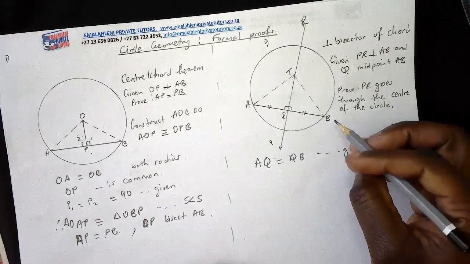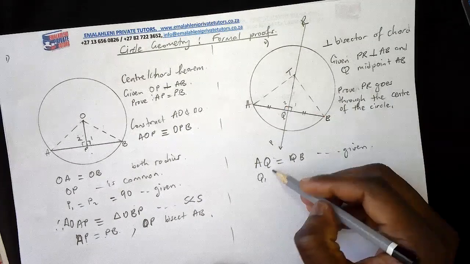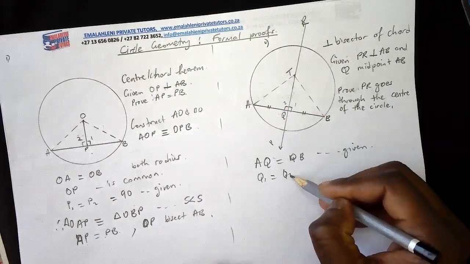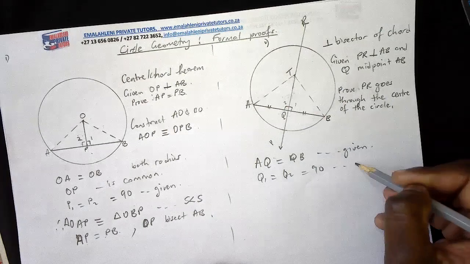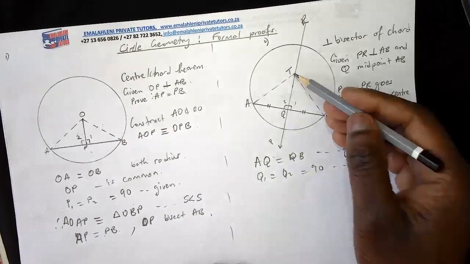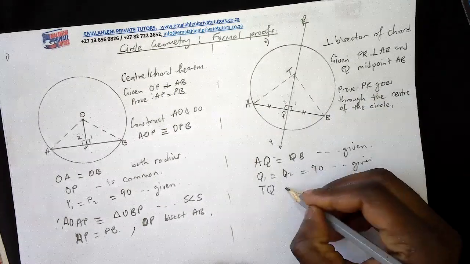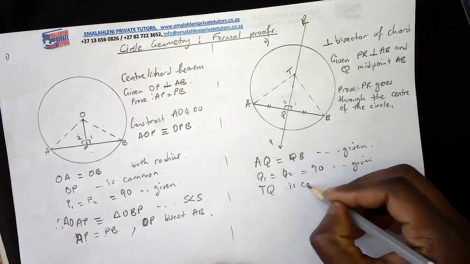Then if we say Q1 and Q2, Q1 is equal to Q2 is equal to 90 degrees. This is also given. Another thing here is that TQ is also common.